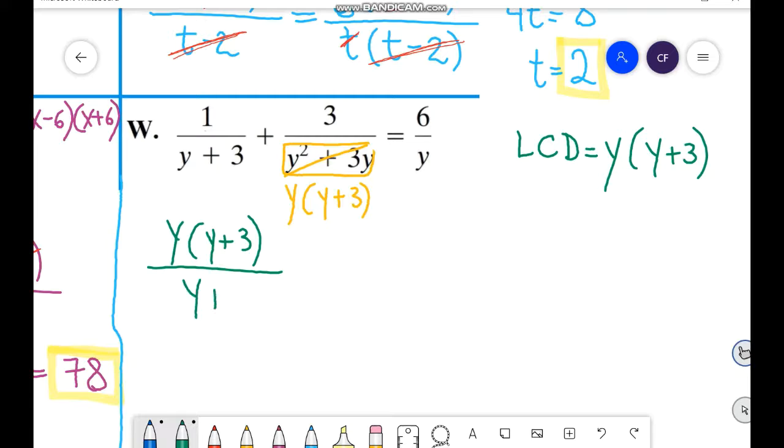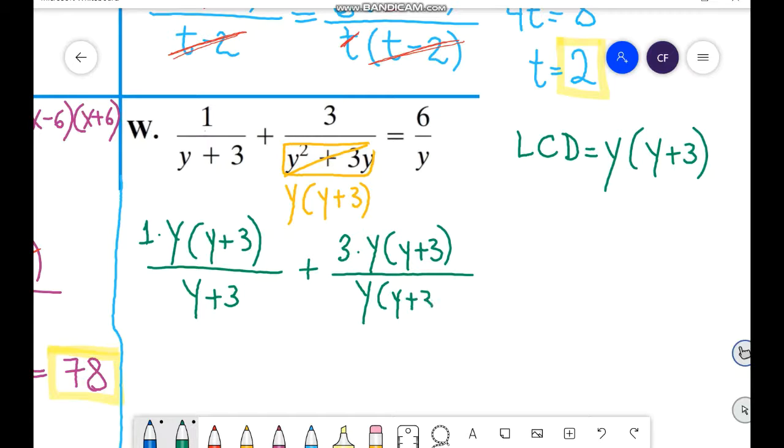Okay, this is 1 times; you don't need to write the 1, but anyways, just to remember that we are multiplying. Now the second one, 3 times y plus 3 over y plus 3. This is equal to what? 6 times y plus 3 over y, no, just y, yes, just y.